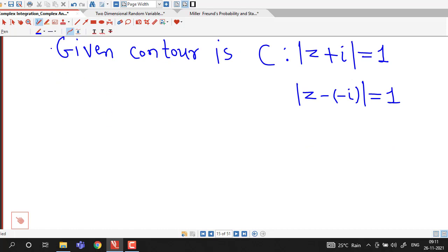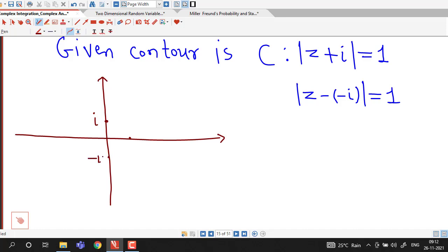We can sketch this circle roughly. Center of the circle is minus i and radius is 1. Suppose this distance is 1, then this point is i and this point will be minus i, and radius is 1, center is minus i. So we have a rough sketch of our simple closed contour.